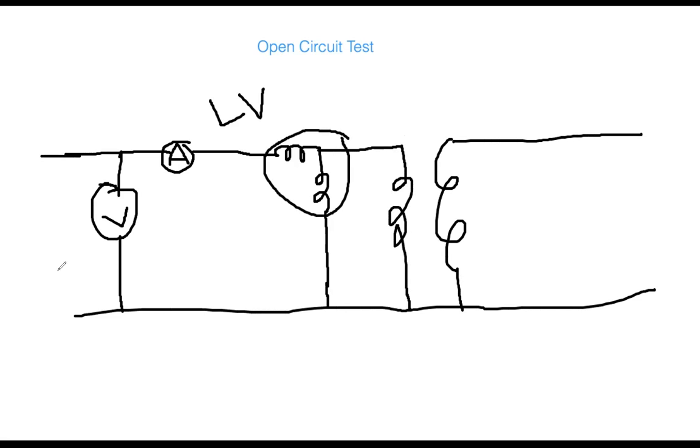Okay. So here you are applying the voltage V1, and then the current flowing is I on the primary side. And as I said, this time, this side will be the high voltage side. You will keep it open, and you will be applying the voltage on the low voltage side.